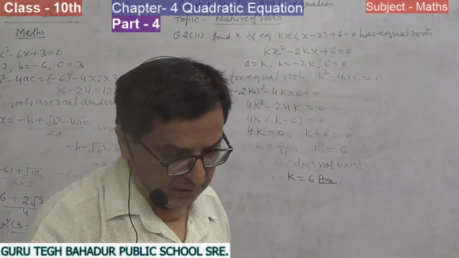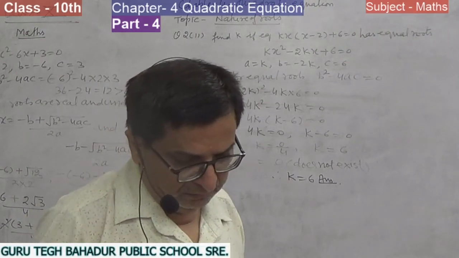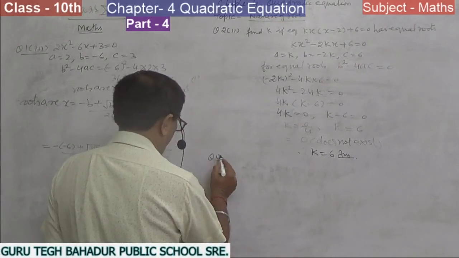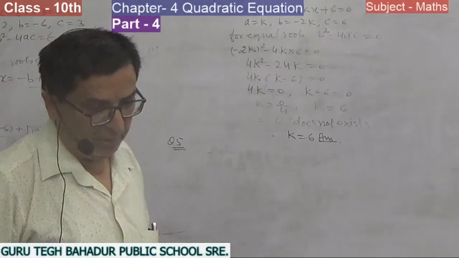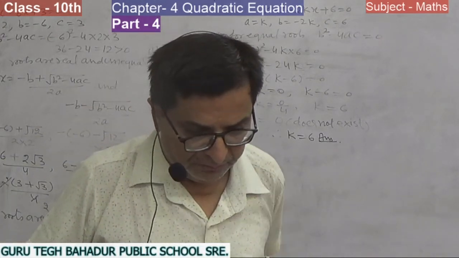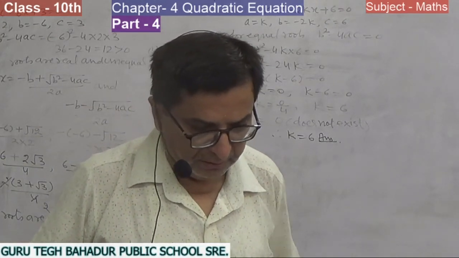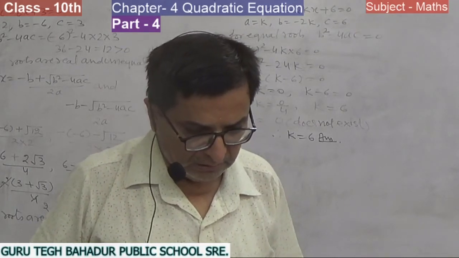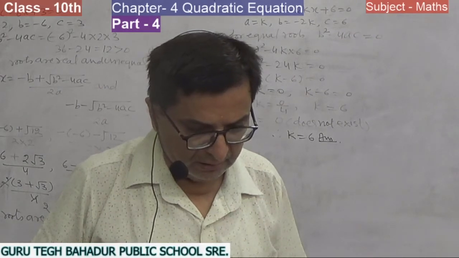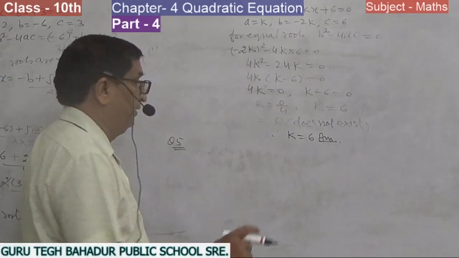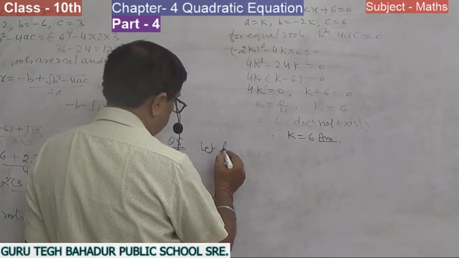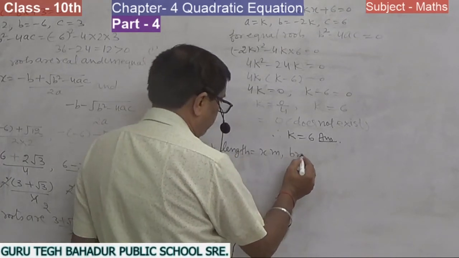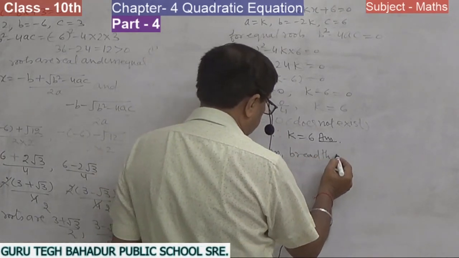Now see the question number 5. Is it possible to design a rectangular park of perimeter 80 meter and area 400 meter square? If so, find its length and breadth. Let length is x meter, breadth is y meter.